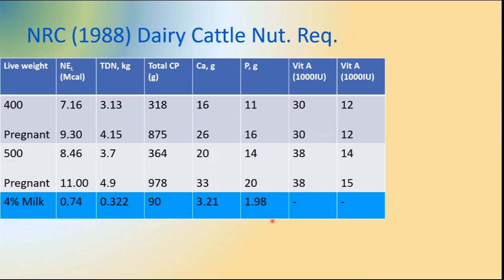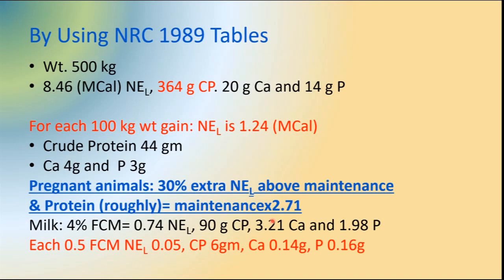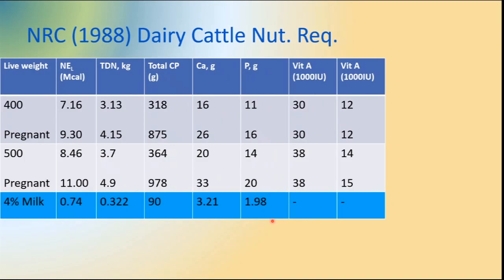So this is the same table, just given in brief for 400 kg and 500 kg animals with 4% butter fat milk nutrient requirement. By using that table, if the animal body weight is 500 kg, that animal requires 8.46 megacalorie of net energy, 364 grams crude protein, 20 gram of calcium and 14 gram of phosphorus.